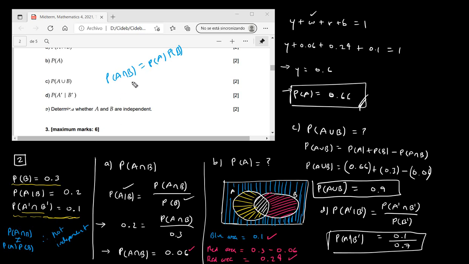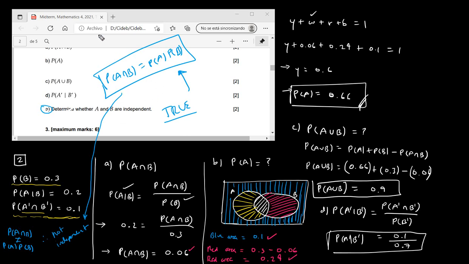Then clearly, if you use this, obviously you will find that in the question A, they're going to be independent, because you already assumed it at the beginning. So it's obvious that E will be answered in the positive. Yes, they are independent because you already assumed it without good cause at the beginning of the problem.